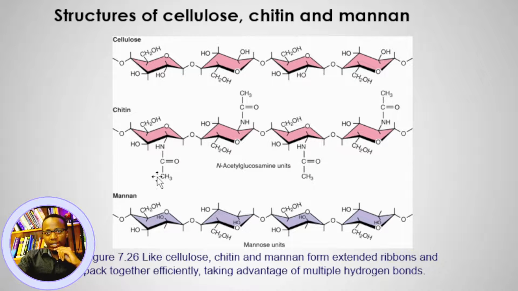So look at this. Look at the bottom here. Cellulose usually just has OH at the bottom on carbon 2, but chitin, you have an acetyl group. That's it.